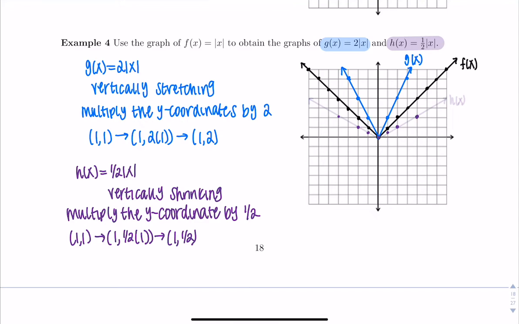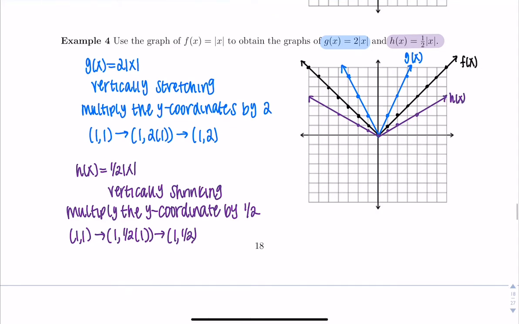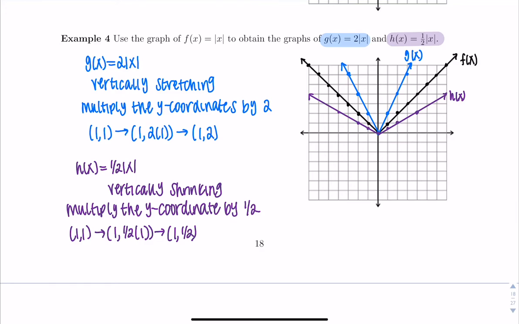And so we can go ahead and connect the points. And so when I vertically shrunk the graph, you can see it's now become wider than vertically stretching.